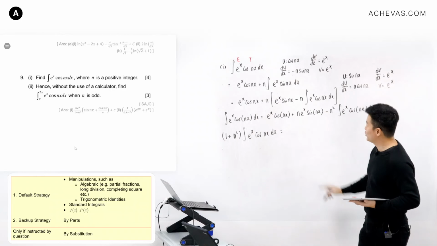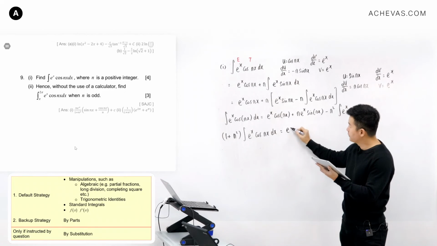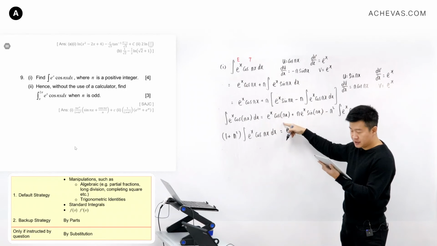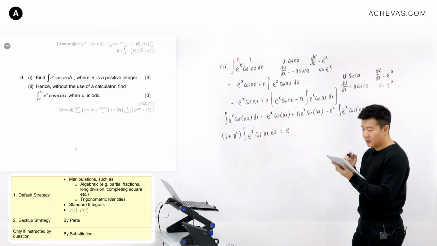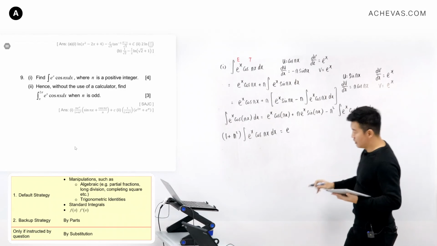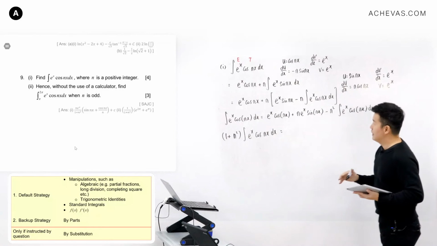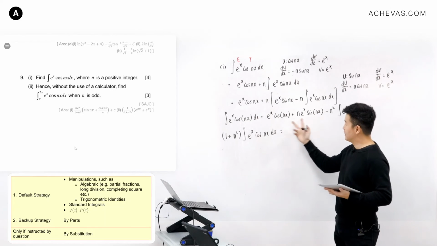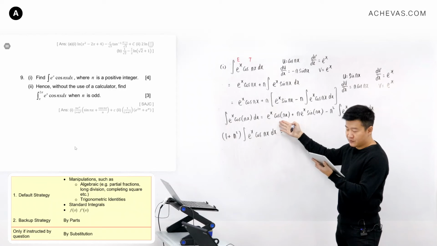This is equal to, I will have this as e to the power of x. Oh, for some reason I wrote this in another way, but I'm going to just rewrite this. I think that is because SAJC's solution wrote this first, so I'm going to write this first also. It doesn't matter even if you write this first.